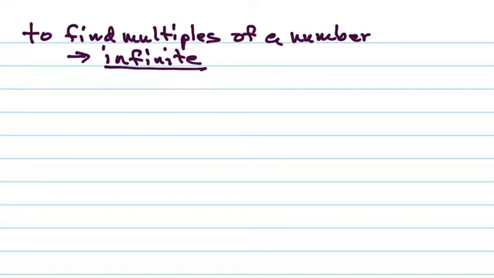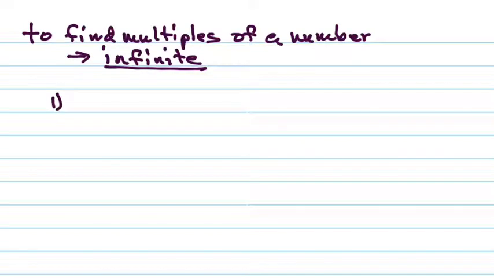That means they go on forever and ever. So in other words, you cannot ever find every multiple of a number. Okay? And you're not going to need to. You're going to see that when you're finding multiples, there are specific uses for it, and we'll be able to use those specific instances to tell us how far we need to go.